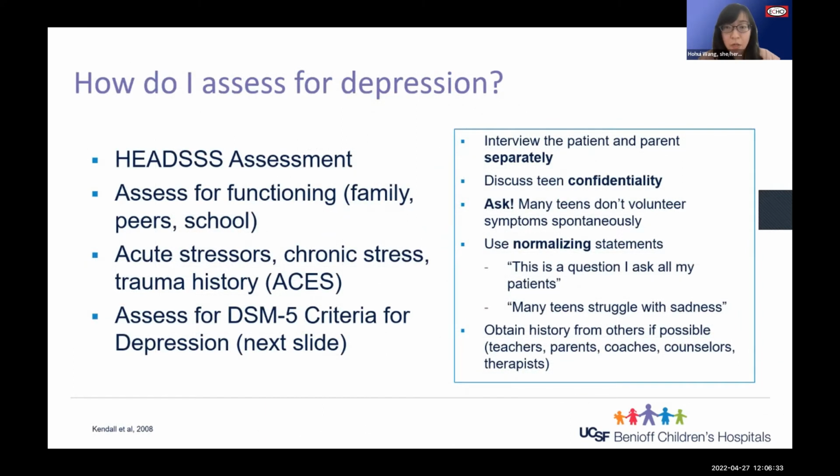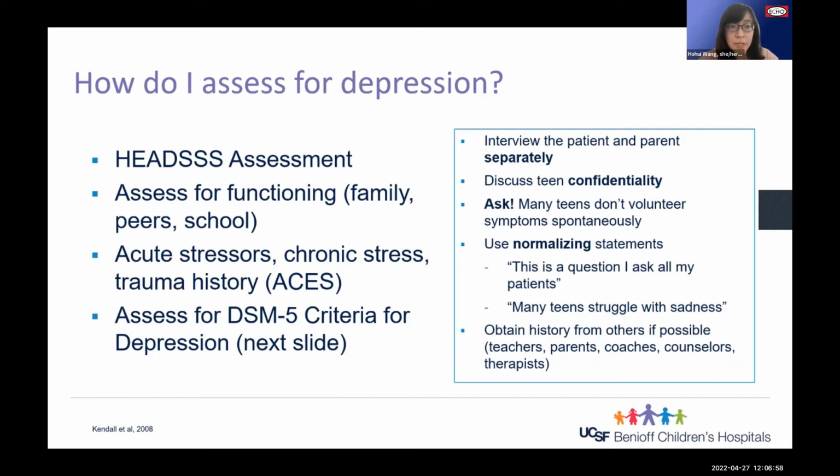After screening for depression, once you get a sense of the severity of the patient's symptoms, we can have a deeper dive and ask different kinds of questions in our clinical interview of the patient's symptoms. First, the psychosocial history using the HEADS mnemonic is very helpful. It really covers most of the things that we want to know when we see a patient with anxiety and depression.